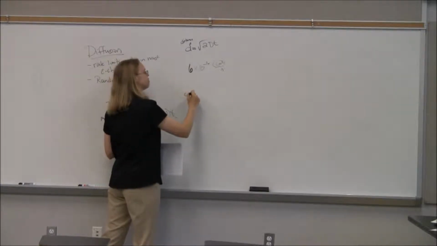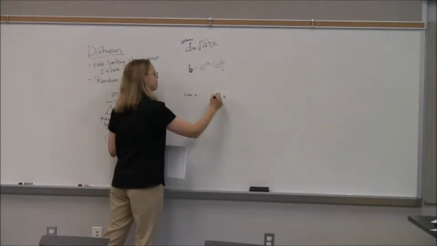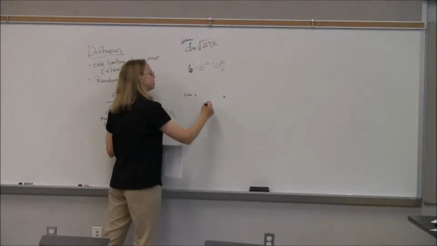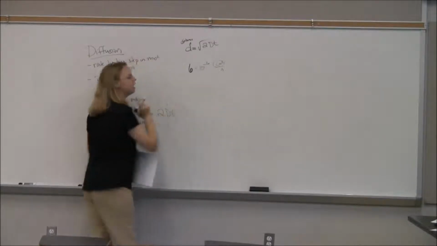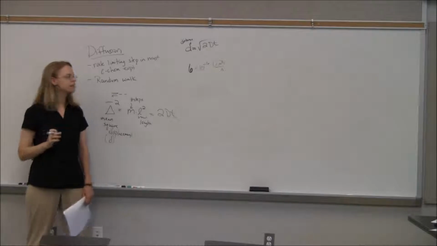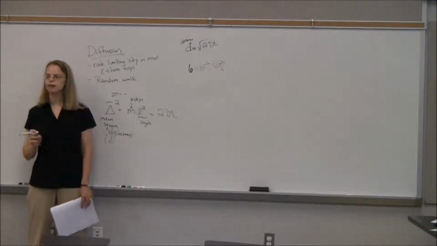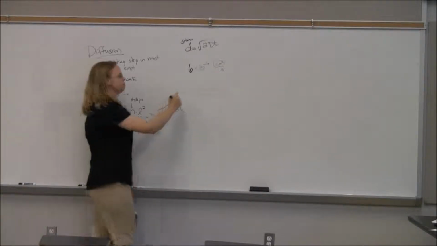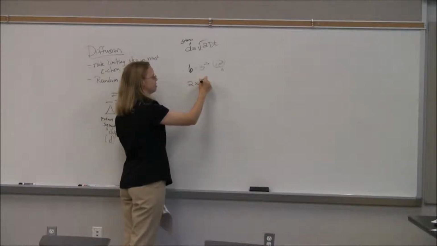Well, distance is in centimeters, and this is in time. So, yeah, centimeters squared per second. See, I can do math. That's in a beaker, and then the brain is this.